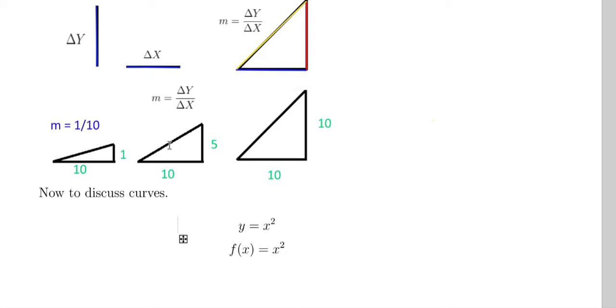The gradient for this triangle in here, however, will be 5 divided by 10, so it would be 0.5 or a half. And the gradient for this would be the one that we were discussing earlier, 10 divided by 10, which is 1. So you can see that the steepness decreases, and the gradient reflects that. The gradient is a reflection of that steepness. It depicts it.